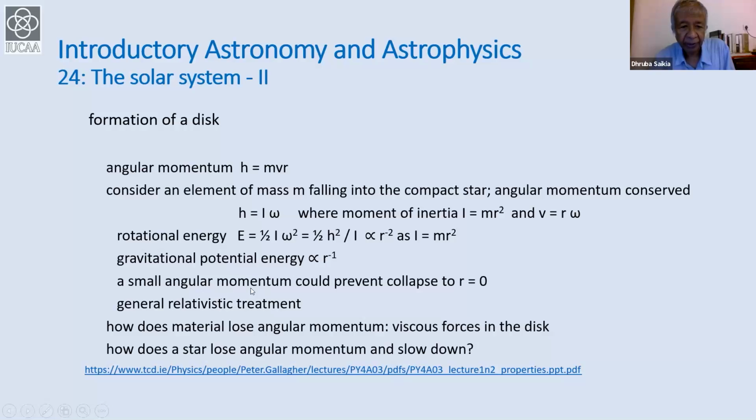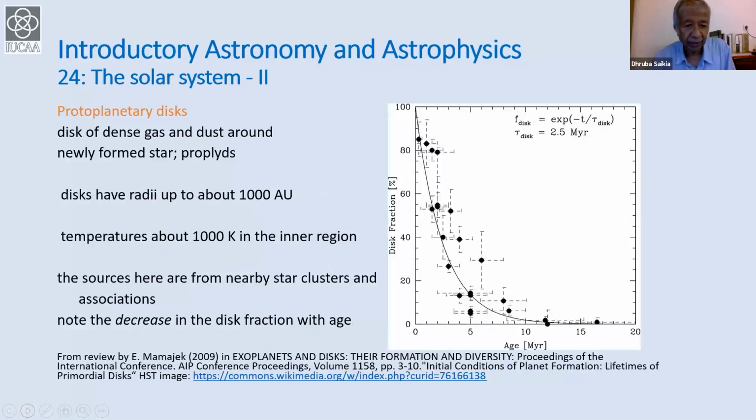And this angular momentum, which is carried outwards, forms these kinds of structures which we talked about. And materials lose angular momentum due to viscous forces in the disk. How a star also loses angular momentum is something quite interesting to investigate. And these are still areas of research. And what role do magnetic fields play when these stars and the disks form? So these are interesting astrophysical questions.